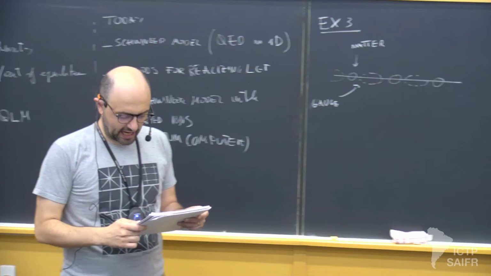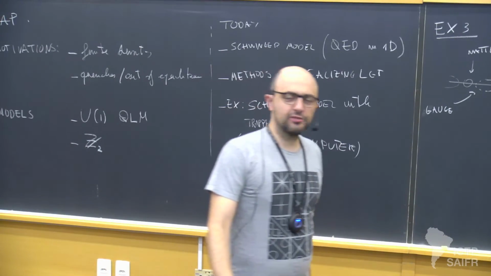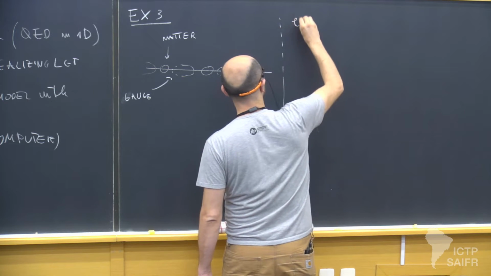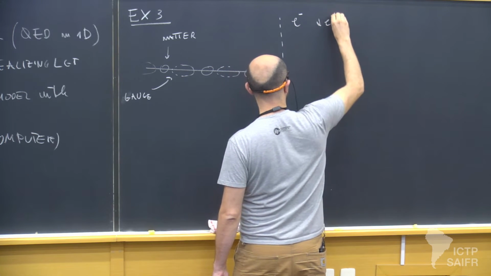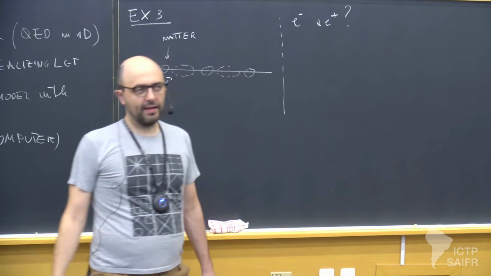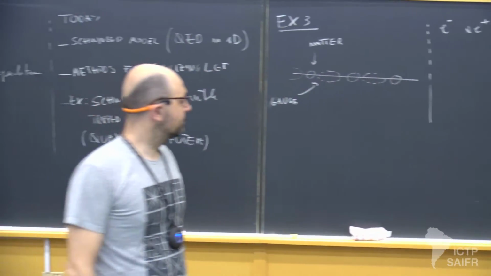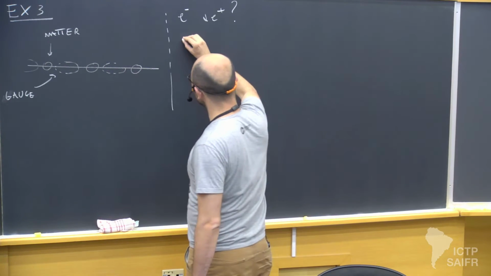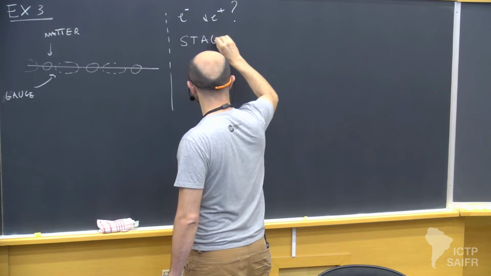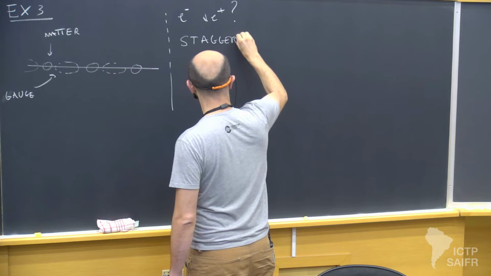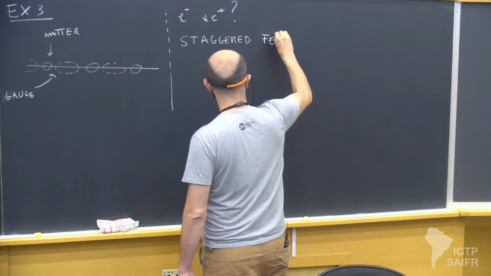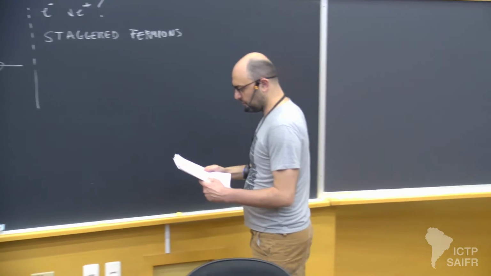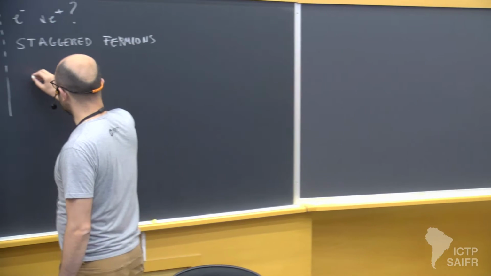Now, since it has to describe quantum electrodynamics, the first problem is we have to understand how to introduce both electrons and positrons. Because we want to have matter and antimatter, of course. And one possible way to do that is to introduce so-called staggered fermions. These staggered fermions work like this.